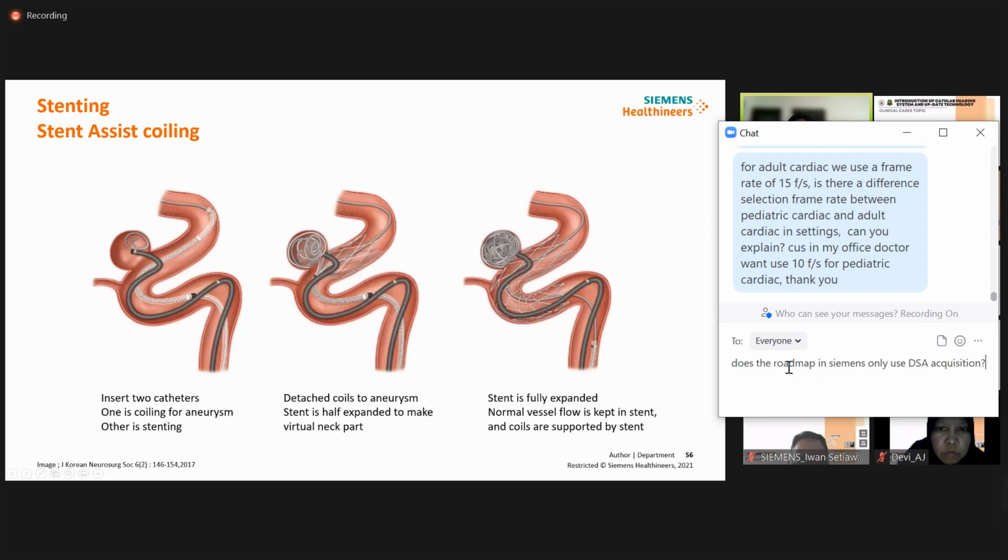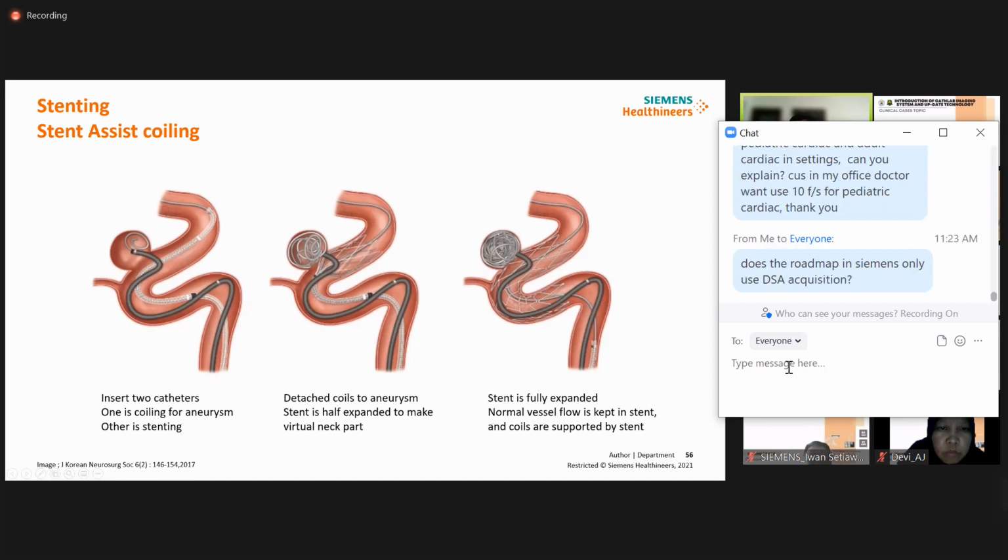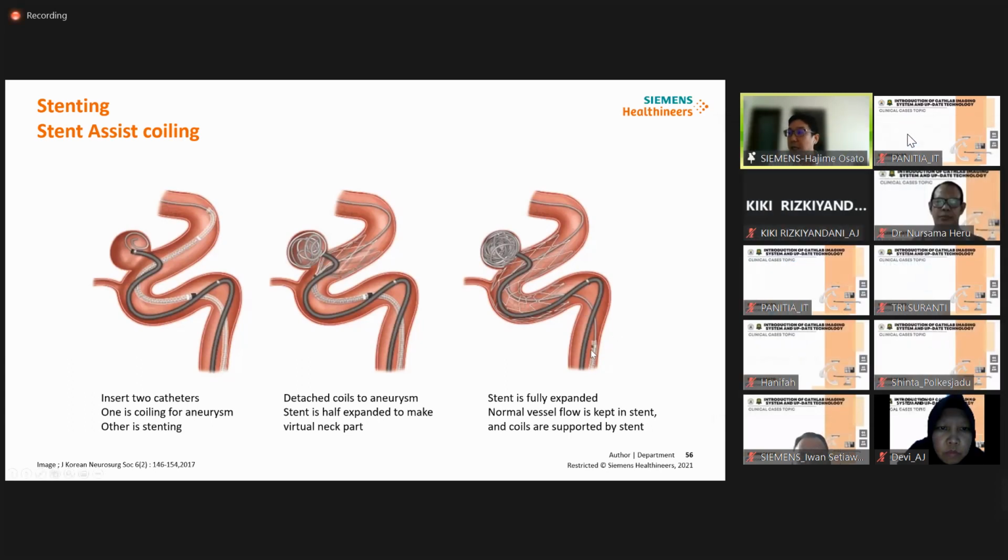Then the stent is fully expanded like this, so normal vessel flow is kept on the stent side. In this situation, there is no risk of coil dropping to the vessel side. The stent supports the coils from the vessel side.